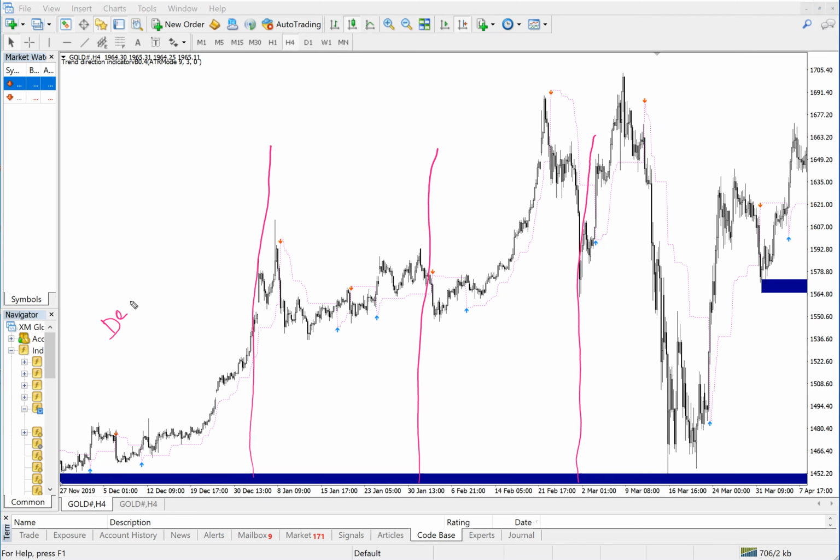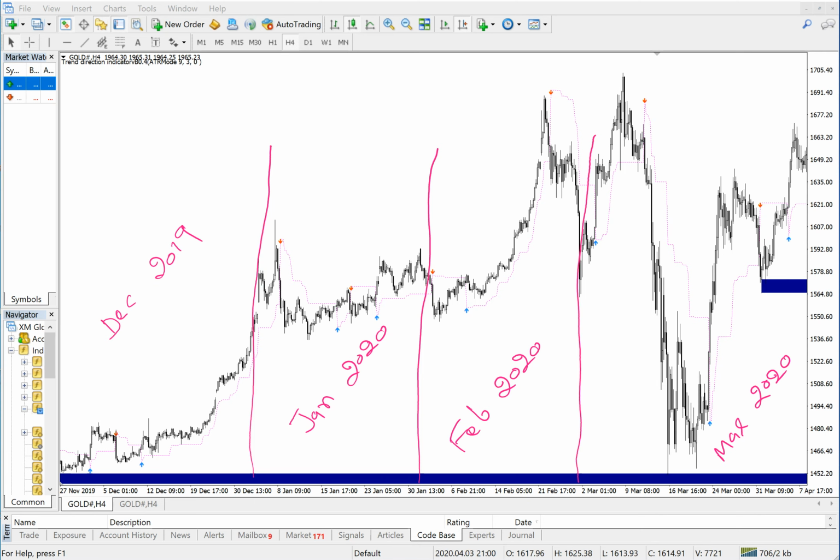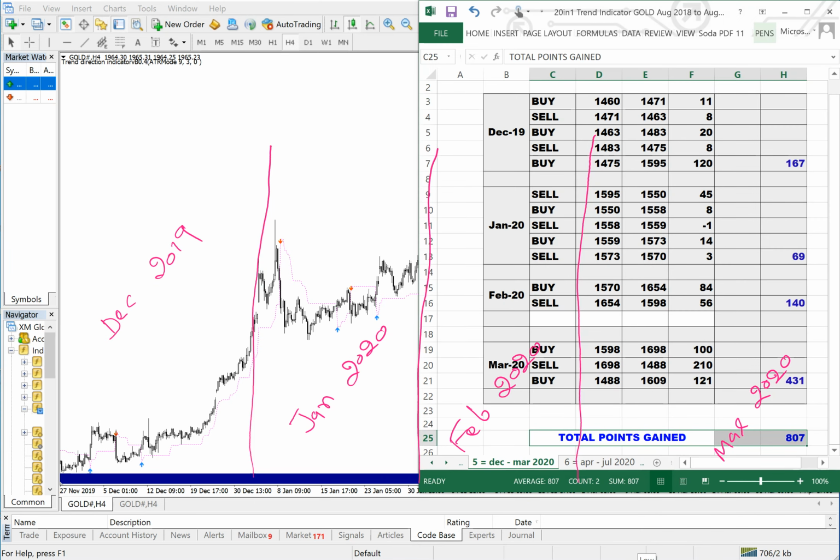So this is December 2019, this is January 20, this is February 20, and this is March 20. So now you can see the gain 167 in the first month, 167 points.